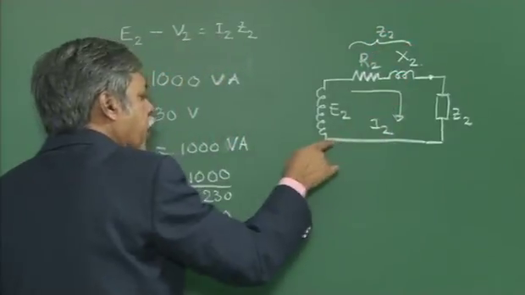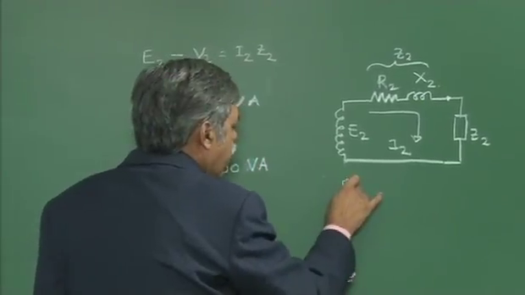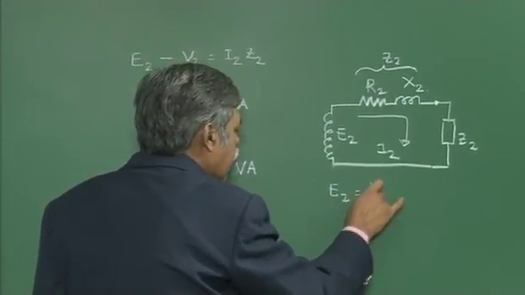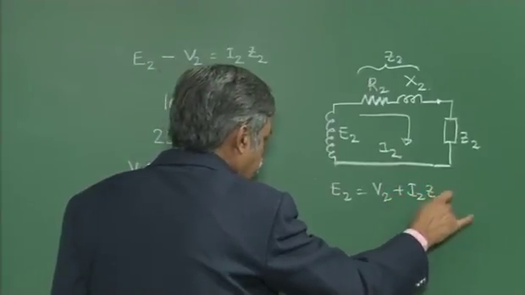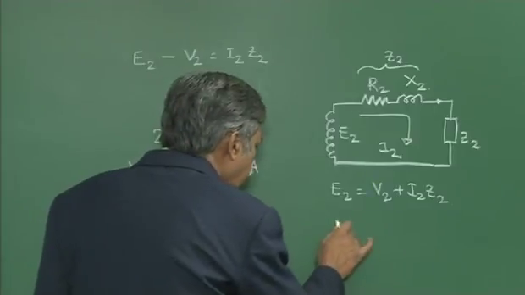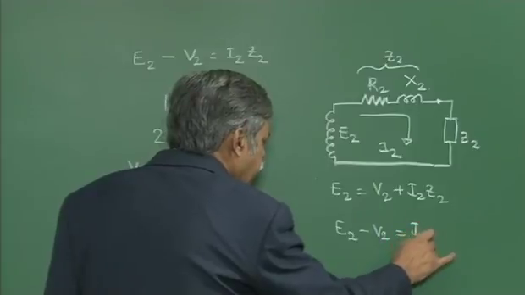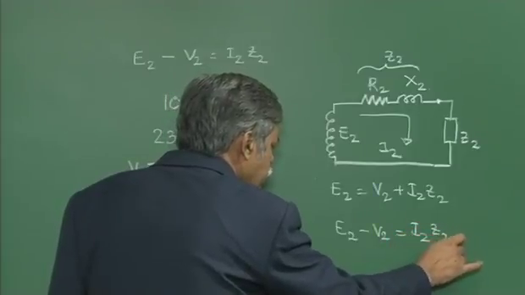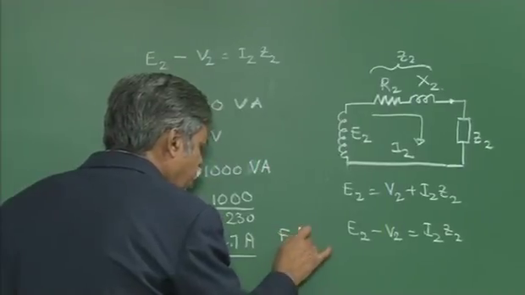I have a loop here for which I can apply Kirchhoff's voltage law, then I will get E2 equals V2 plus I2 Z2. Now, you can see E2 minus V2 will be I2 Z2. Let us consider the full load condition.